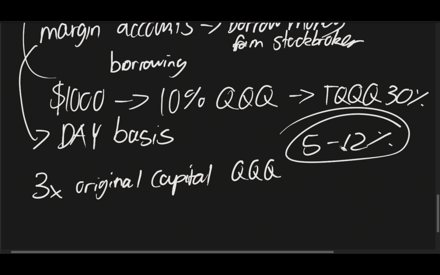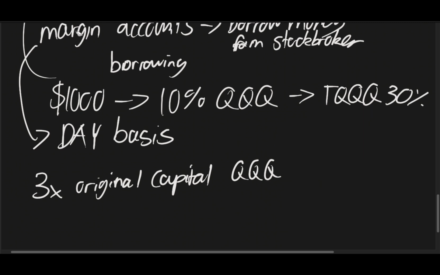That's the industry standard. But that is one of the factors you also need to consider. So, if you have 3 times original capital in QQQ, if you ignore the interest rates that you have to pay over time, then your return from 10% would become 30%, because it's a 3 times thing. But here's the difference.